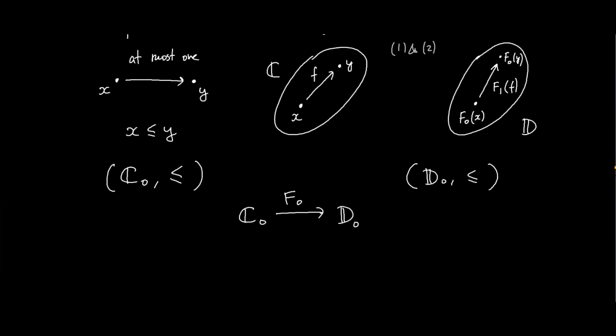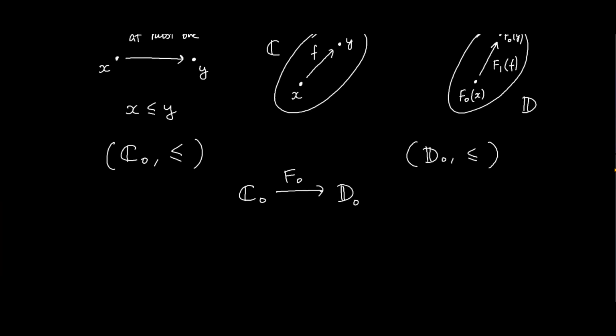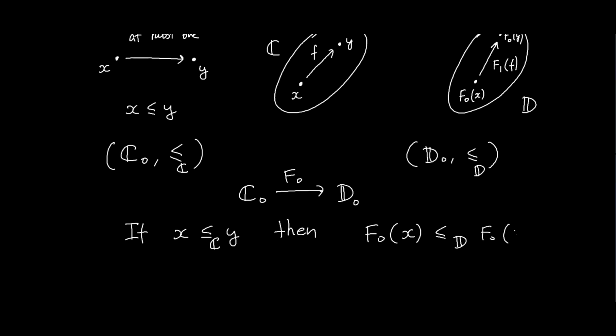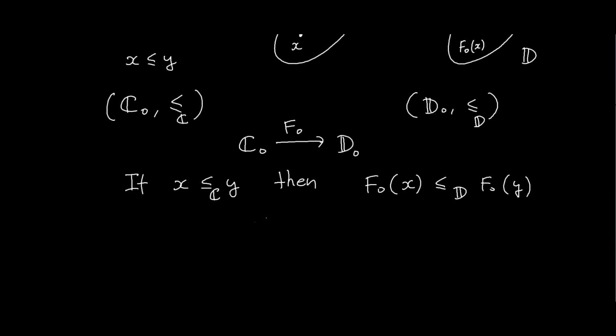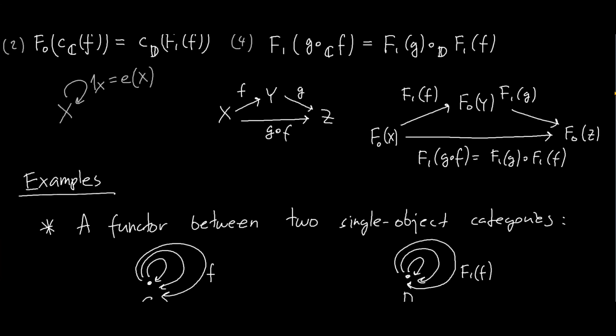But we shouldn't forget that F1 must exist, right? And so our first axiom on F0 will be that if X is less or equal to Y in the preorder C, let me insert the subscripts here as well, like I did before, then F0 of X must be less or equal to F0 of Y in the preorder D, in the category D. And this condition is the one ensuring that F1 exists. So it's not one of the four conditions we haven't yet fully explored.